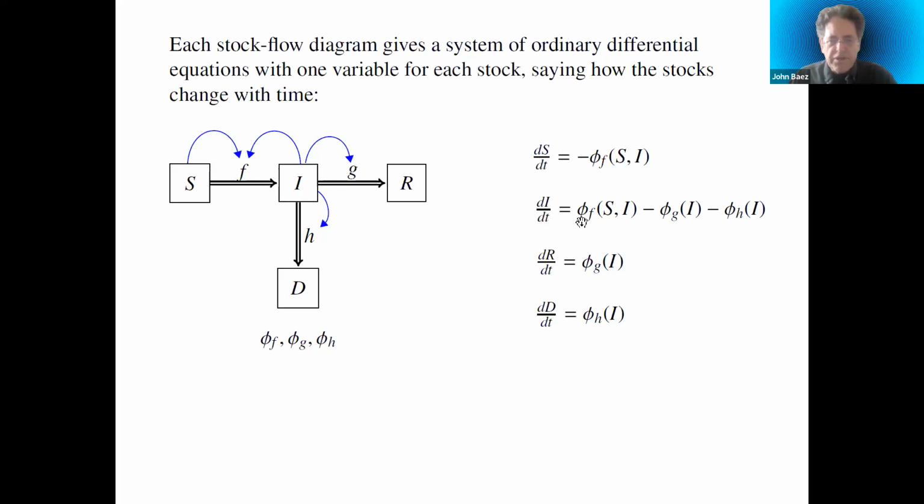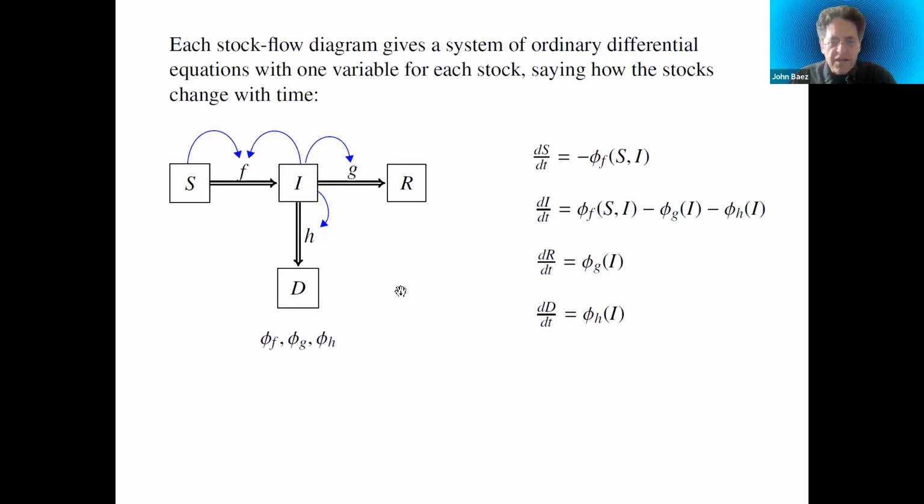Well, there are 3 terms. A positive term, because people are flowing in from the susceptible condition at a rate equal to this function. They're flowing out to the resistant people at a rate equal to this function, and they're also flowing out to the dead people box at a rate equal to this other function.